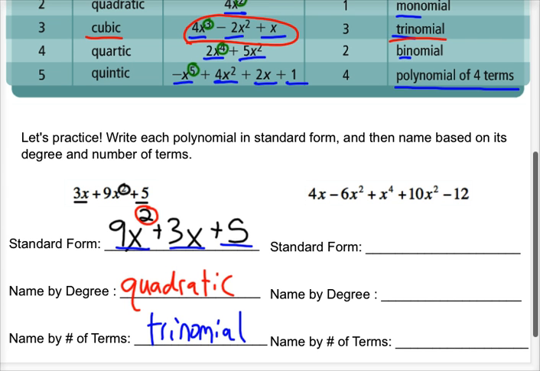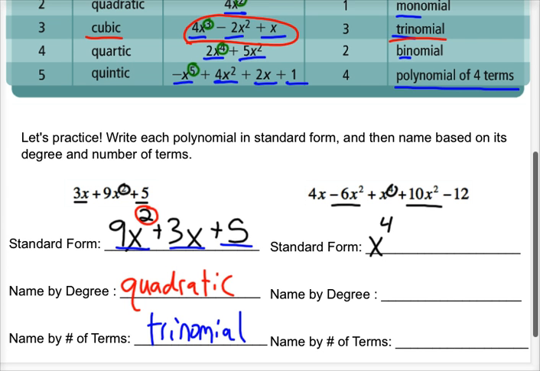So this one, the highest degree that I see is the 4, okay? So I'm going to write the x to the 4 first. Now, the next highest exponent that I see is x squared. Now, notice I have two of them, okay? So that's leaving a little bit of a predicament. That means you need to combine like terms.